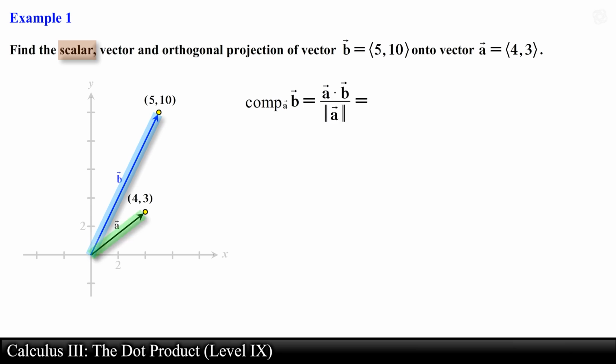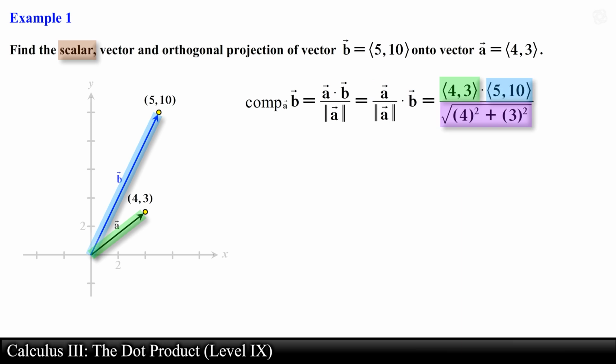Recall that this is nothing more than the dot product between vector B and the unit vector in the direction of vector A. So we go ahead and substitute the vectors into the expression and find the magnitude of vector A. Simplifying the expression, we obtain 10 for the scalar projection.